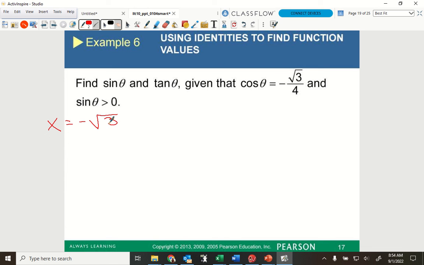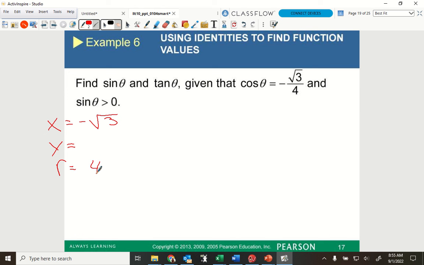I don't know. What does cosine represent? R can't be negative. So where does the negative have to go in this one? It goes with the x value. Yes. And so that means my R is 4.